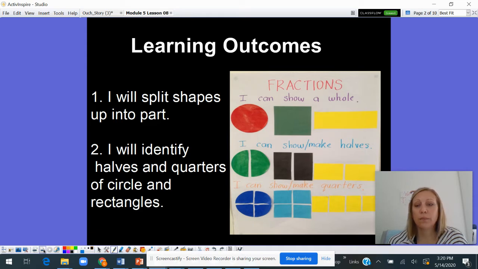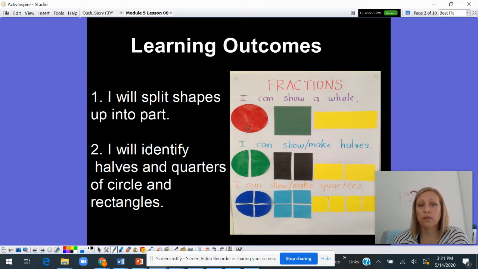Our learning outcomes, we have two today. First, you will be able to split shapes into parts, which are also called fractions. Number two, I will identify halves and quarters of circles and rectangles. As you can see on our anchor chart, I can show a whole.